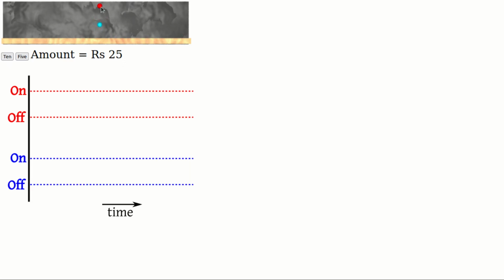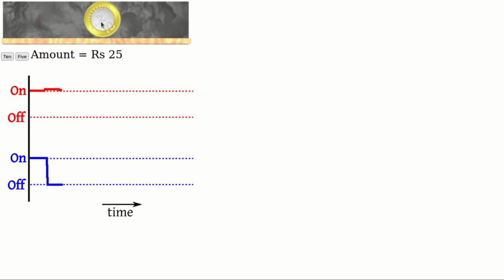There is the red sensor and there is a blue sensor. Initially, both the sensors are on because the light can be seen. I will draw it here as a graph. This is for the red, it is on and it is off, and here for the blue one also it is on. Now, when the 10 rupee coin comes, the blue one is shut off, so the blue one now goes down, but the red one still continues to stay on.